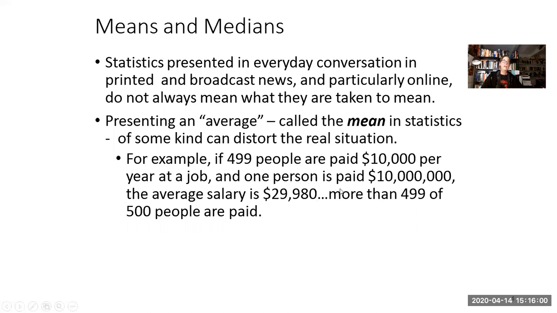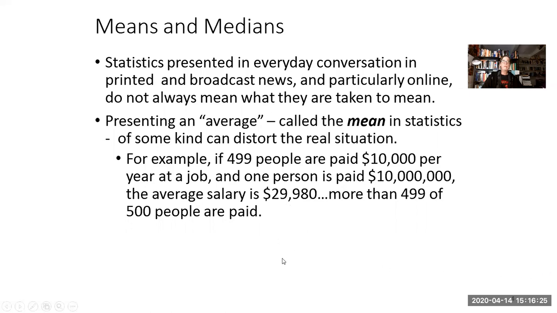So the median, on the other hand, would be that value that divides the whole population in two. Think of the median as lining everyone up in order based upon the values of some variable. In this case, it'd be income. So you line all 500 people up in a line, and it's all 10,000, 10,000, and then at the far end, Mr. or Ms. 10 million.